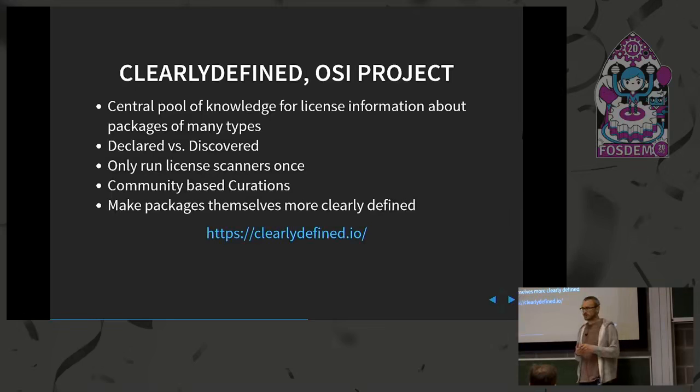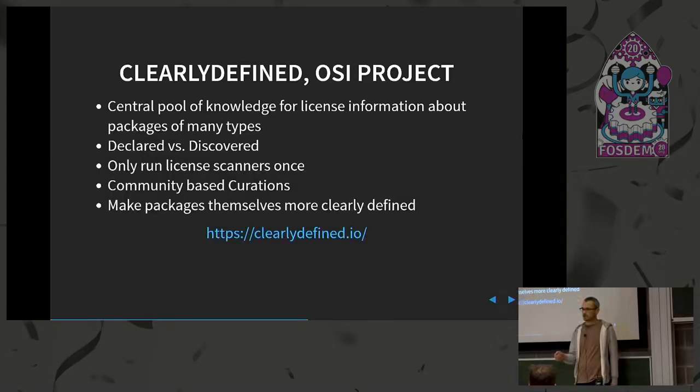The next major thing, other than just storing the results of scanners, is that of course scanners are not perfect. They're programs, and they can make mistakes. They can't cover every single case where every license can be discovered. So there's a community-based curation process in the ClearlyDefined knowledge pool, where a scanner might say, I couldn't determine the license of this package, but somebody else can read it and say, it's in a different wording, or for some reason the scanner didn't pick it up.